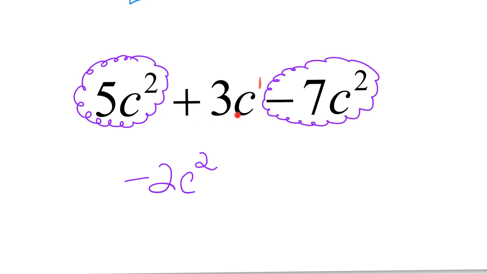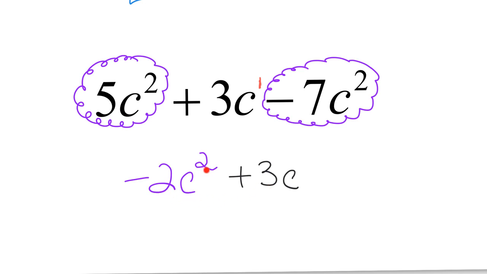Now this one here, plus 3c to the first power, is not the same as c squared. This one has a square, this one has an exponent of 1. So I'm going to bring down the plus 3c. I'm not going to put the 1, but it is an invisible 1. And guess what, guys? These two you cannot combine, add, or subtract the coefficients, because they're not like terms.